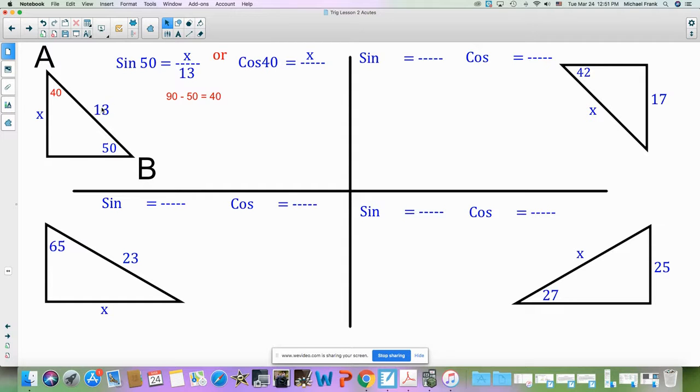So you can see that the cosine and sine of a triangle will always be equal when the angles are complementary. So 50 plus 40 is equal to 90. Those are complementary angles, so the sine of one will be equal to the cosine of the other. The sine of 50 is equal to x over 13, and the cosine of 40 is equal to x over 13.